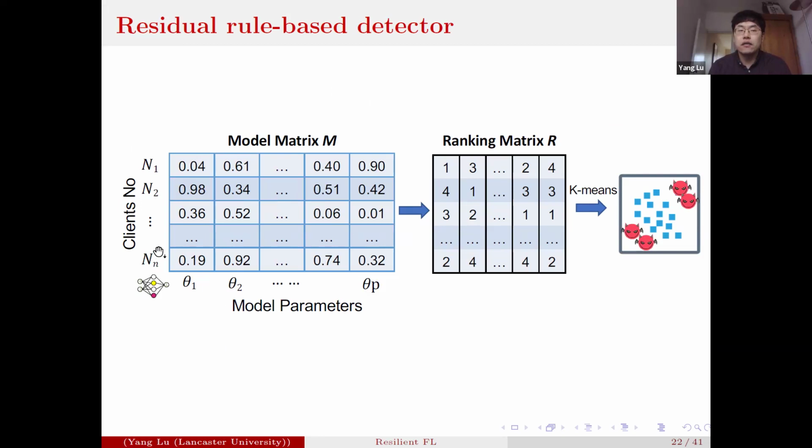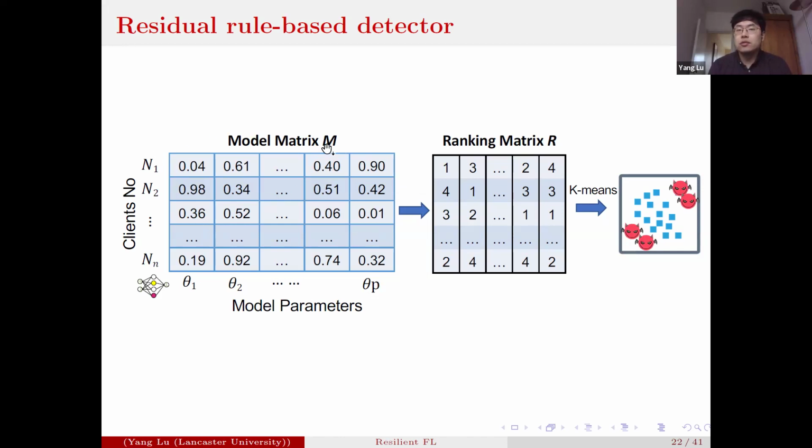For example, here we have n users, and each user's local model is p-dimensional. So theta 1 to theta p are just the parameters of this local model. And we put them in this way.